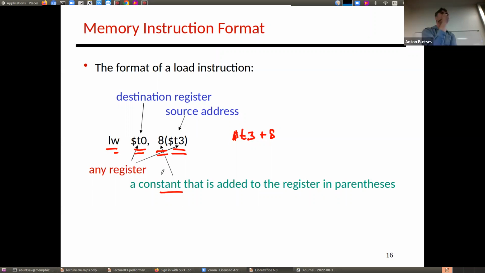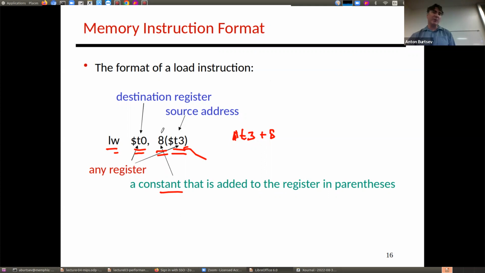So what do you think? Well, if you have a list or array stored in memory, it's just one variable after another, so to access the next one you just add to the address. Exactly. So for example, T3 can be pointing to the beginning of the array.